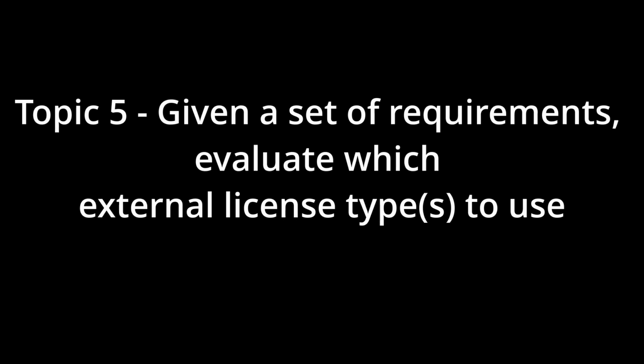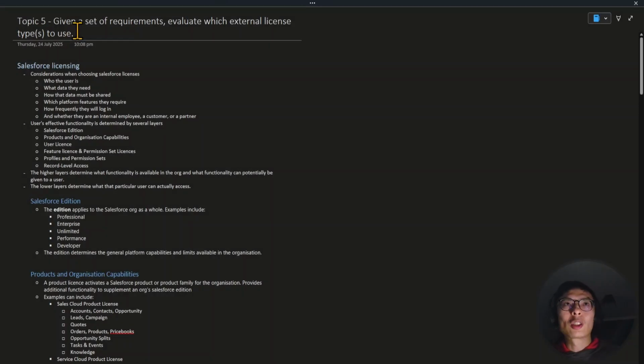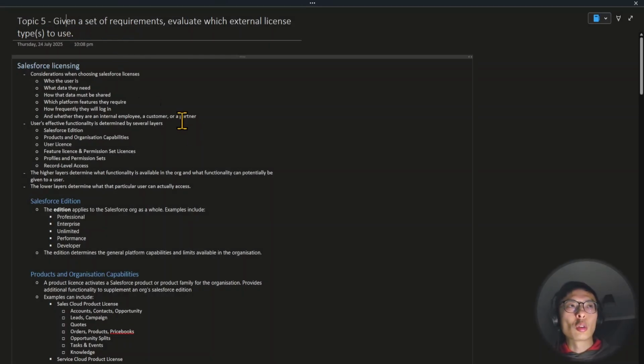All right, let's dive into topic number 5. Given a set of requirements, evaluate which external license types to use. So important considerations when choosing Salesforce licenses are we need to know who the user is, what data they need, how we'll be sharing the data, which platform features they require, how frequently they will be logging into the site, and whether they are an internal employee, a customer, or a partner.